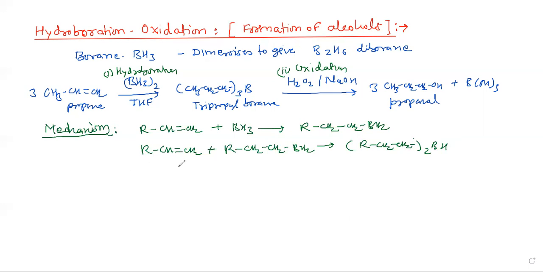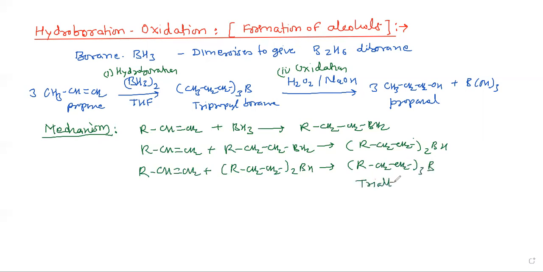And again, this dialkyl borane can react with a third molecule of the alkene, and we will get (RCH2CH2)3B, that is trialkyl borane.